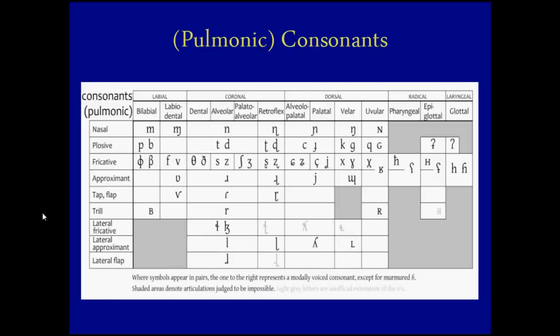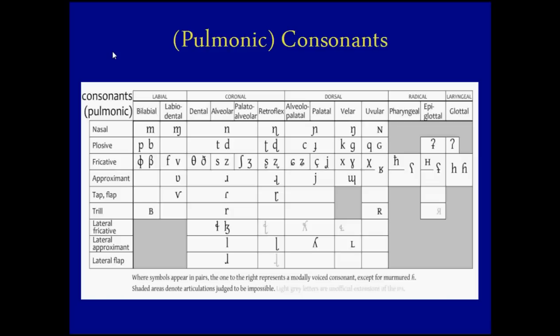Now, consonants. This is a chart of all pulmonic consonants. I'll get to what that means in a minute. And on this side, on the top, is the list of different places of articulation. That's the difference between sounds like p, t, and k. Now, these sounds are produced in much the same way.